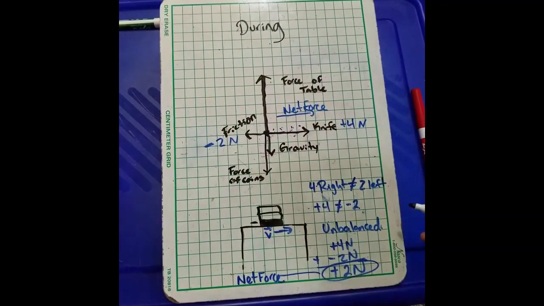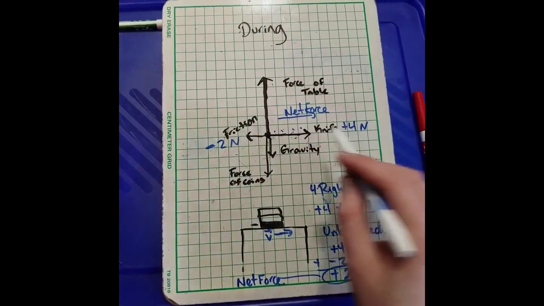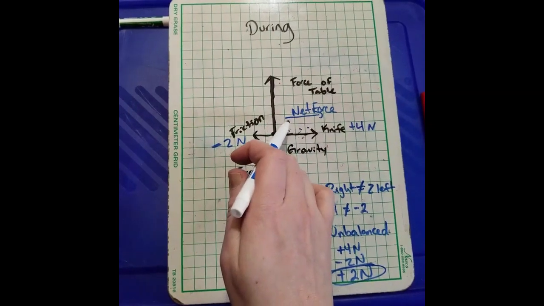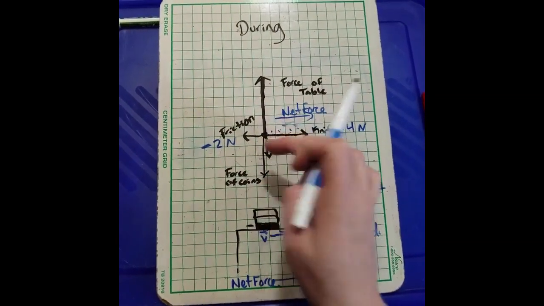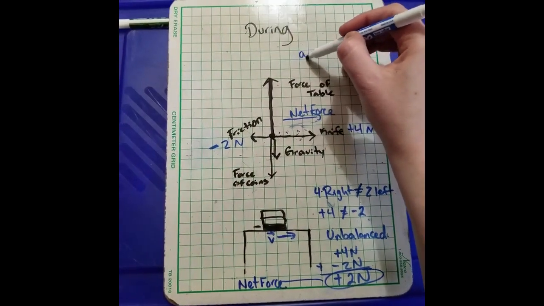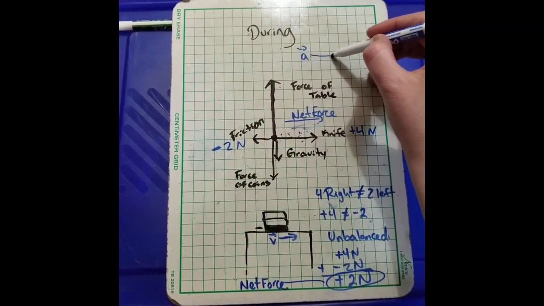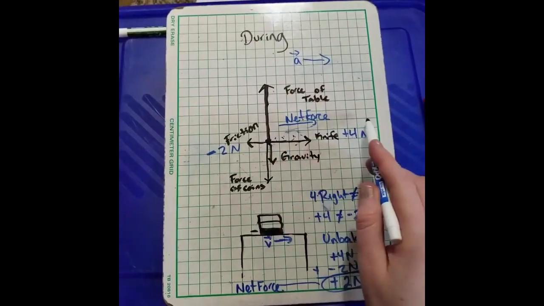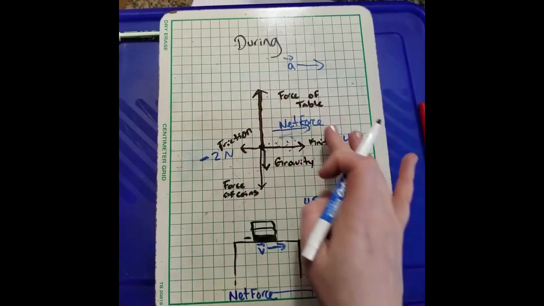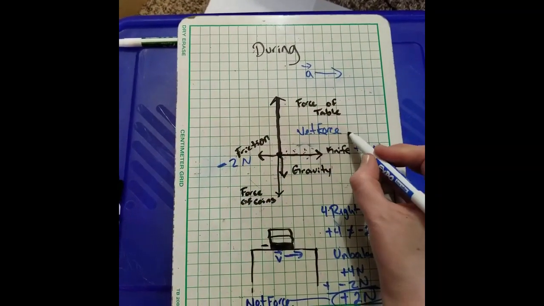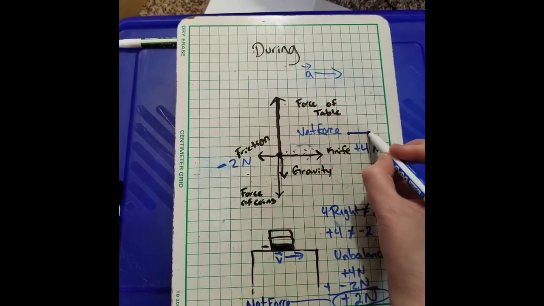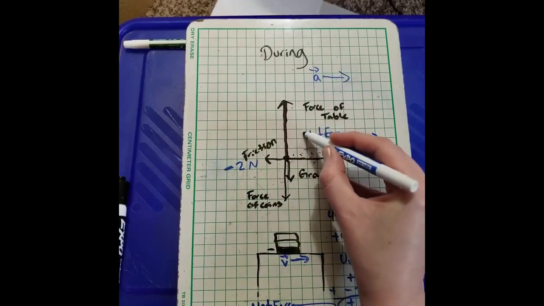My net force will always point in the same direction as acceleration, so this also has an acceleration going this way as well. I'll just go ahead and put it up here. So my net force is this direction, my acceleration is this direction, and to be accurate, my net force is going to be 2, just like that.